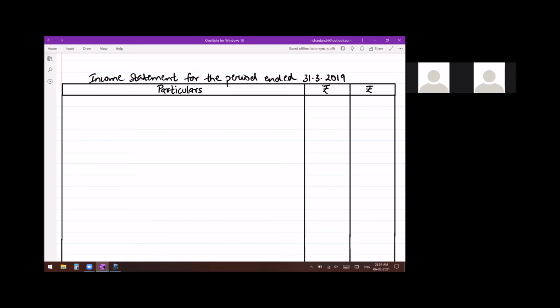If you see the blank format of balance sheet and P&L, that remains the same. Only the items inside have to be written in a particular way. All incomes on top, all expenses below. Okay, let's write.